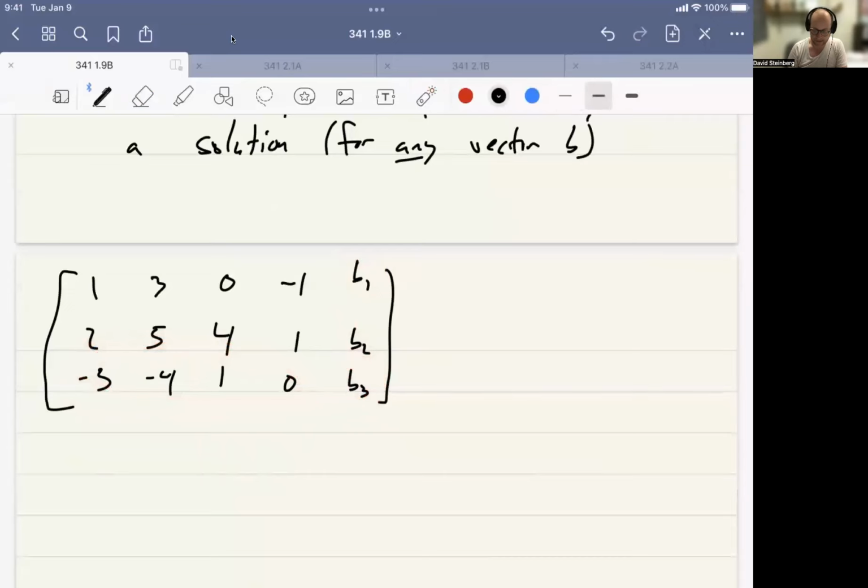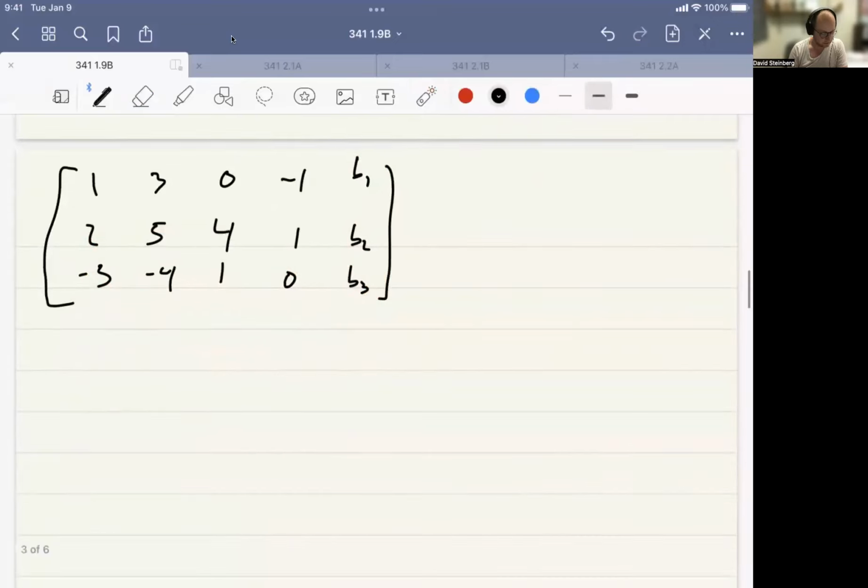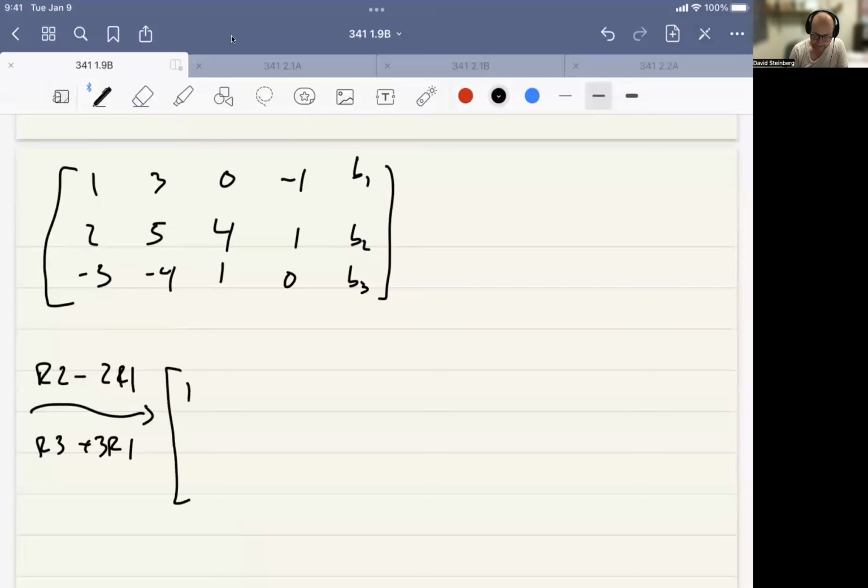So let's do some row reduction. We're all big fans of that by now. Let's take row 2 minus 2 row 1, and row 3 plus 3 row 1. Our first row doesn't change at all. Row 2 is 0, -1, 4, 3, and then B2 minus 2 B1.